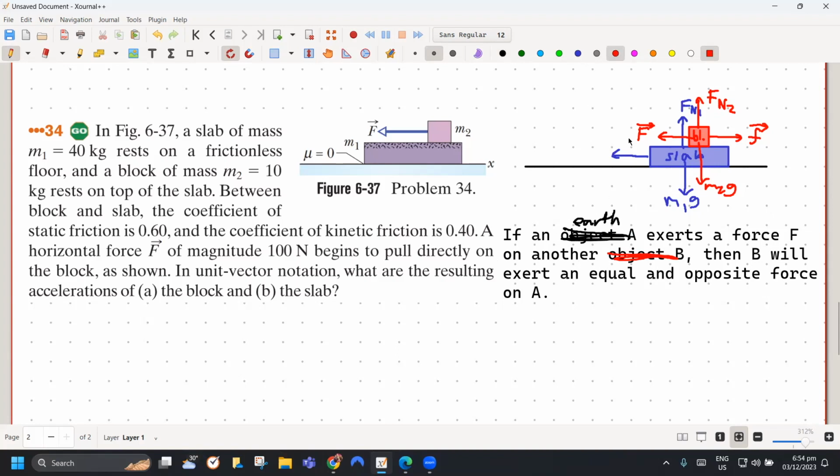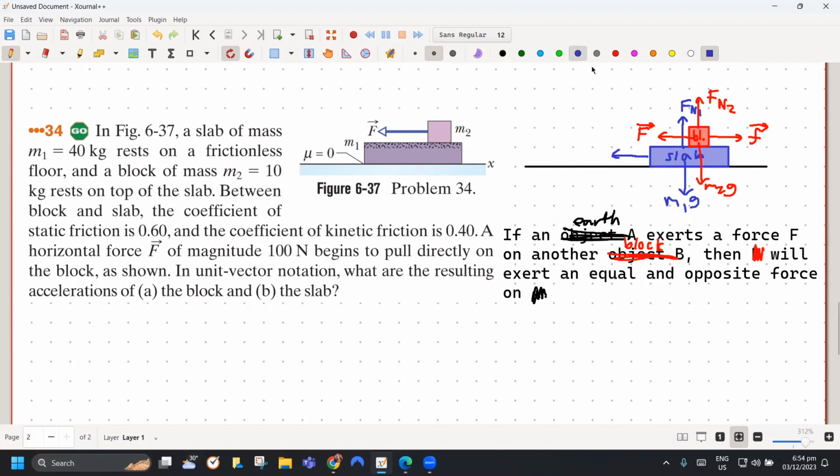So the earth exerts a force F on the block. Then the block will exert an equal and opposite force on the earth. Yes, the whole earth.